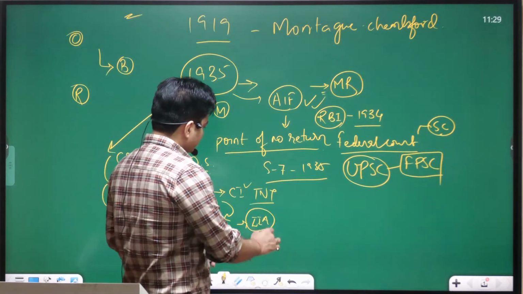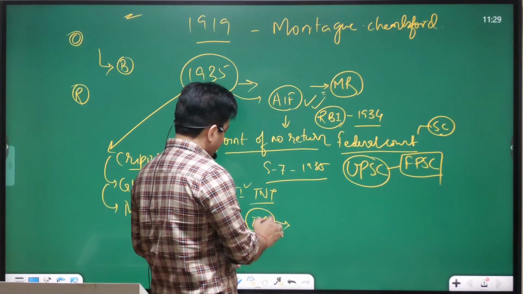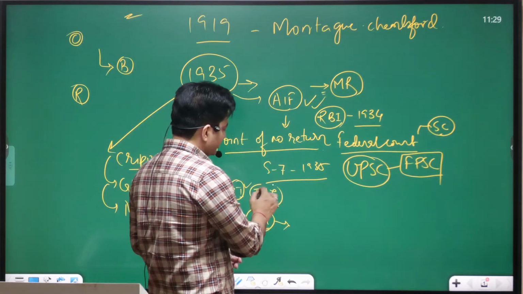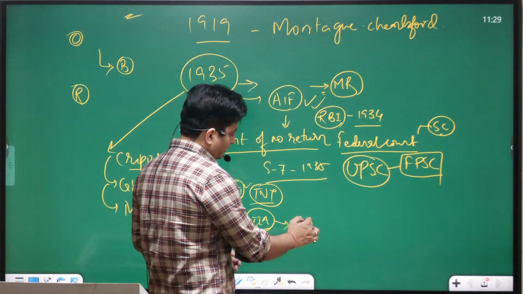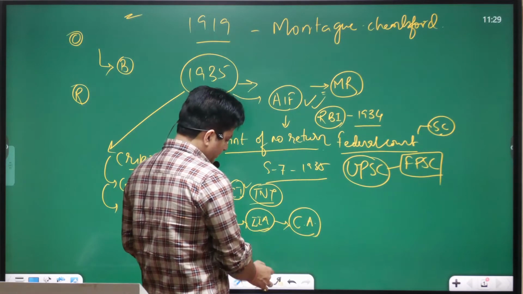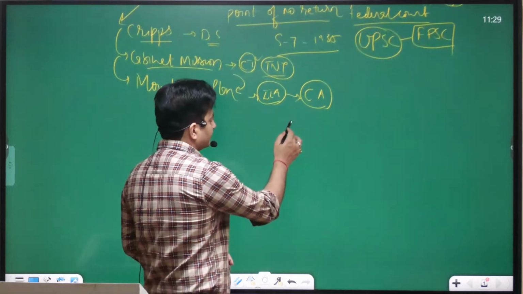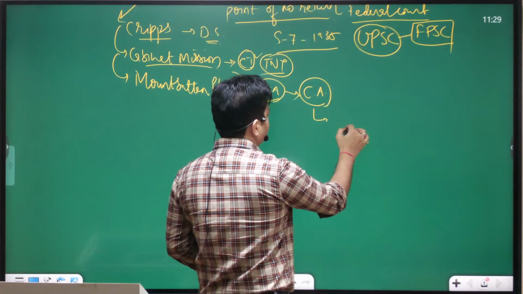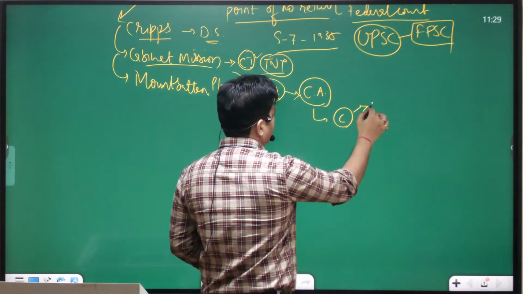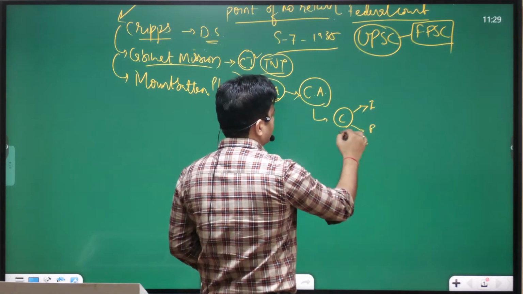This Indian Independence Act was for complete independence and the two nation theory, and it provided for a body called the Constituent Assembly, which was given the task to frame the constitution for India and for Pakistan.